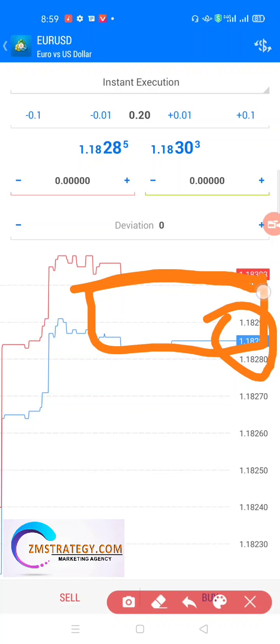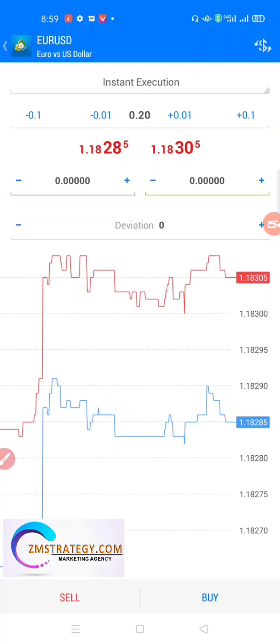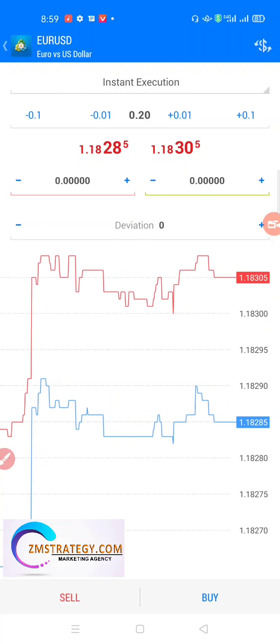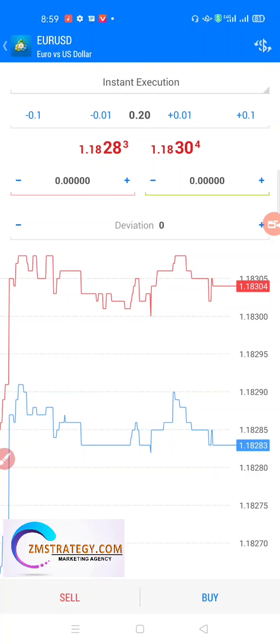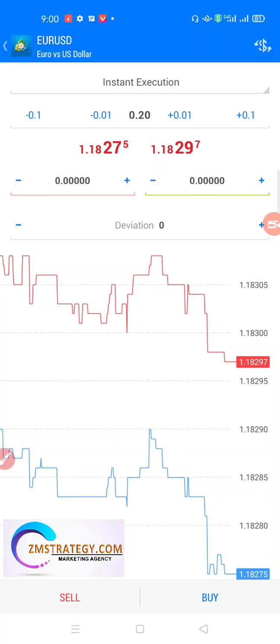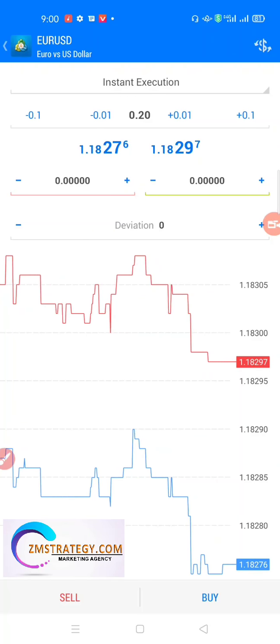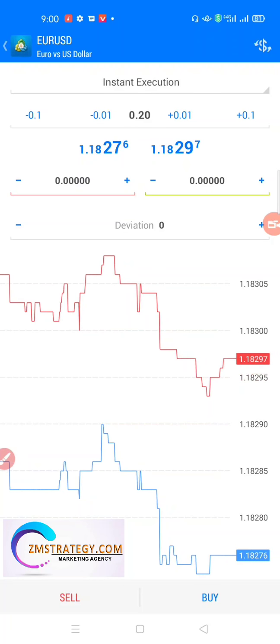This space between these two numbers is known as the spread. Let me give you a little clue about the spread: the spread is the amount of money your broker charges you for each trade that you take. That is the meaning of spread, but I will go into that in the next video.